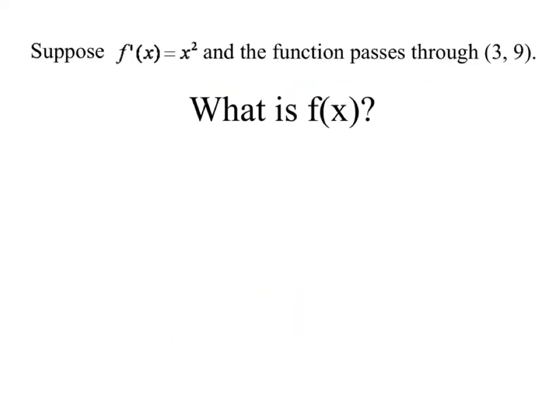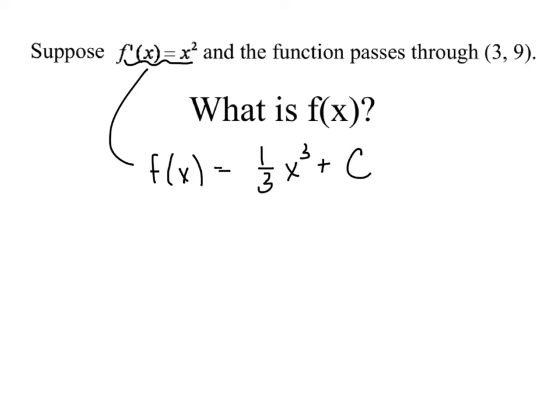So let's go to a situation where we maybe could find the constant. We know from the previous slide that f of x is 1/3 x cubed plus a constant. Now I'm telling you that the original function passes through the point (3, 9).